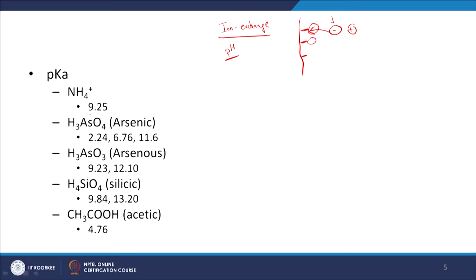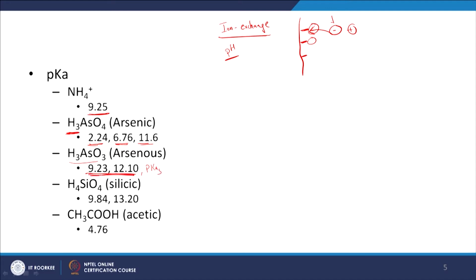For ammonium, looks like the pKa value is 9.25. For arsenic, because it has the ability to donate 3 protons, we have 3 pKa values, pKa1, pKa2 and pKa3, right, and that is what we see here: 2.2, 6.7 and 11.6. And for arsenous, again I believe I am missing the pKa3 value here, but that is fine.